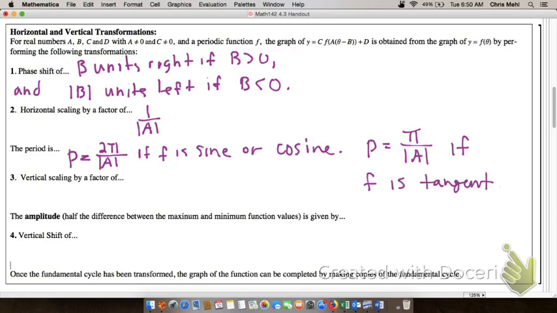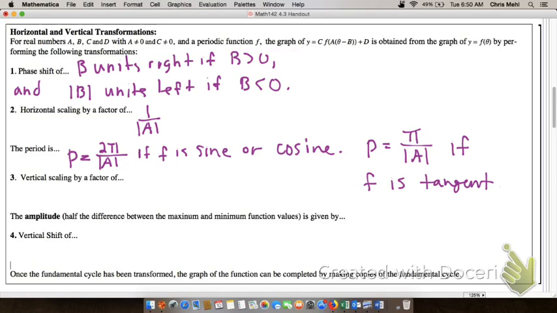Okay, so the reason being for this, for sine and cosine, the period of those functions is 2 pi. Applying the horizontal scaling, the resulting graph has a period of 2 pi over the absolute value of A. And for tangent, since the period of tangent is pi, if you do any transformation of tangent involving a horizontal scaling given by capital A, the period then becomes pi divided by absolute value of A. So this is going to give you the length of the fundamental cycle.